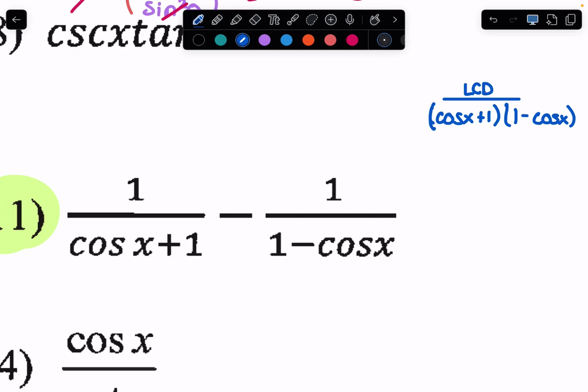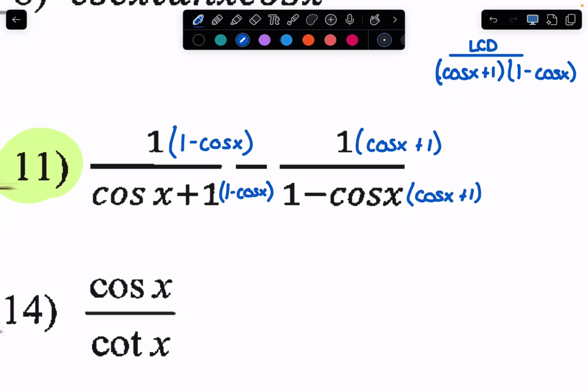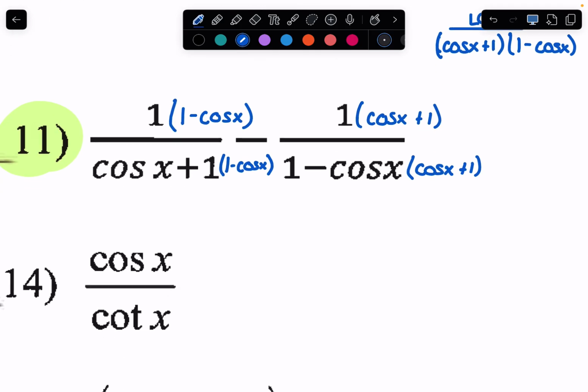So for the first one, it's missing a 1 minus cosine x. So I'll do top and bottom. And then cosine x plus 1 for the other one. So now they both say the same thing.